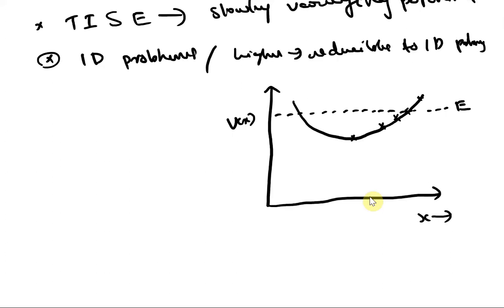So what about a point here? Well, at this point we should have a negative kinetic energy, so that is classically forbidden. So on any potential energy diagram, this is the classically allowed region. The particle will be moving between here and here. We don't have a negative kinetic energy in classical mechanics. Unless you have that component, you cannot have a total energy which is less than the potential energy. So this is a classically allowed region, and these are forbidden regions.